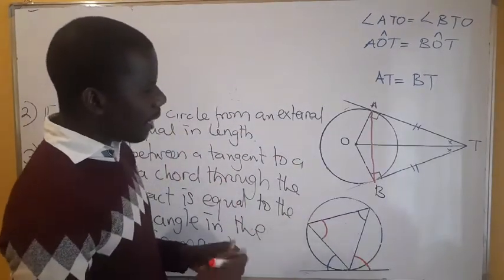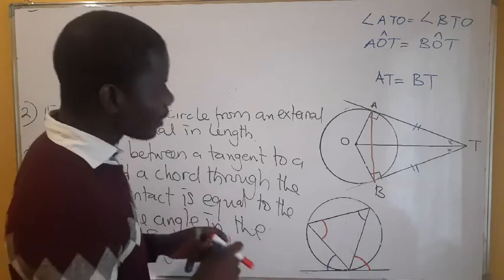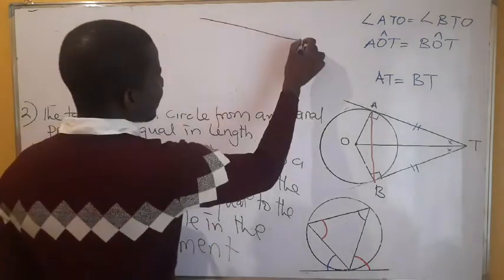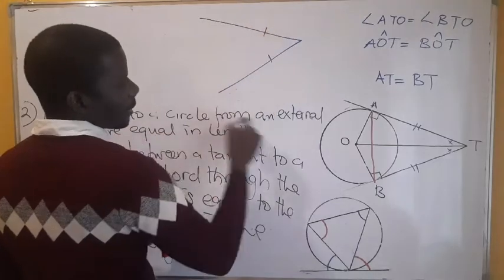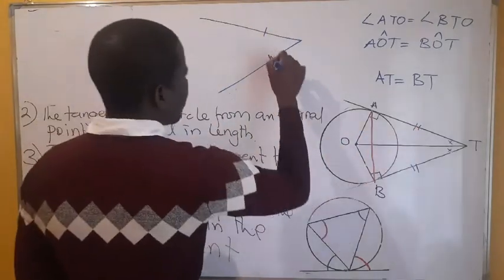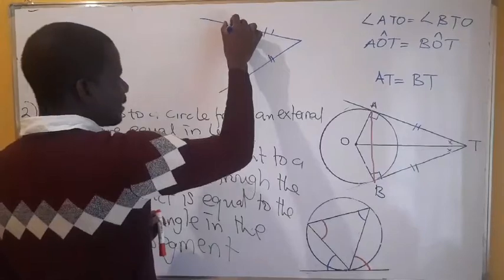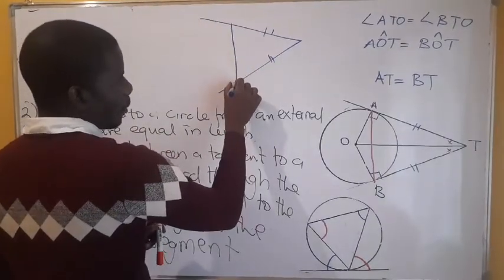What are we seeing here? We have this line as well as this one. Then we have this point and this point, which is these two. Then we have a straight line here.